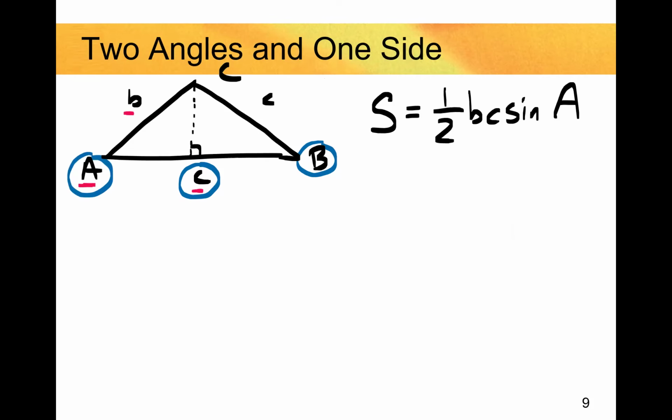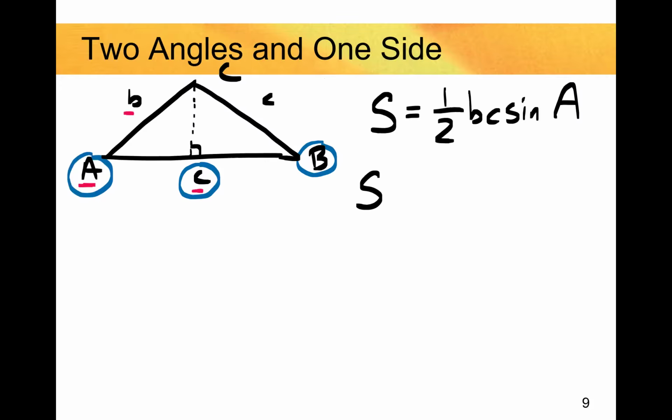So class, just out of curiosity, Hippocrates looking at this says, if I know two of the angles, is it super easy for me to figure out the third angle? Yes, 180 subtract.